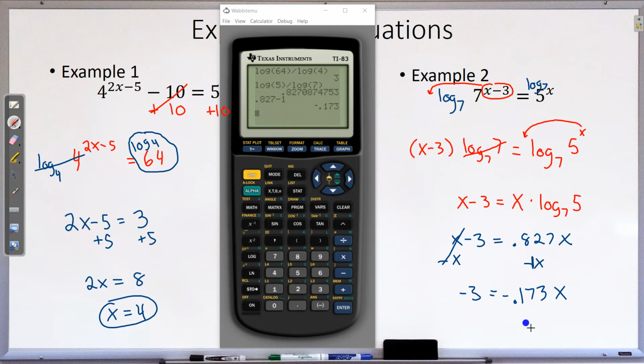And then to get x by itself, just divide both sides. And so we will do a negative 3 divided by negative 0.173. All right, so we do that division and we get 17.341.